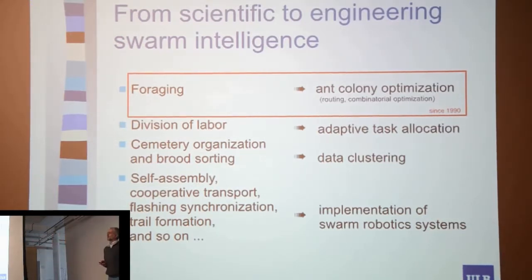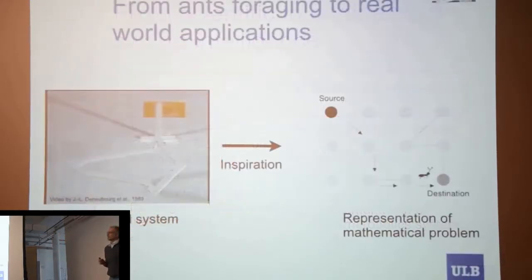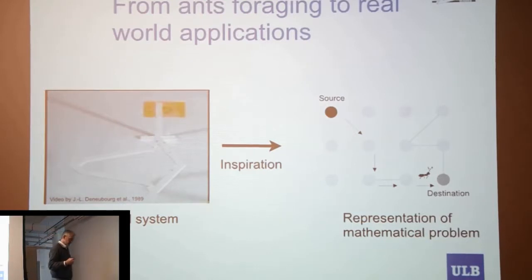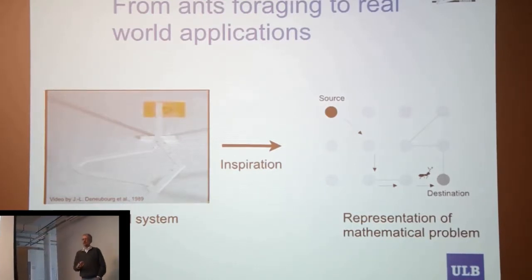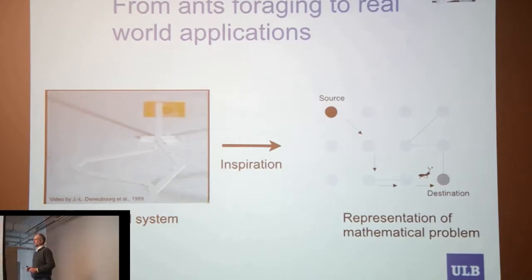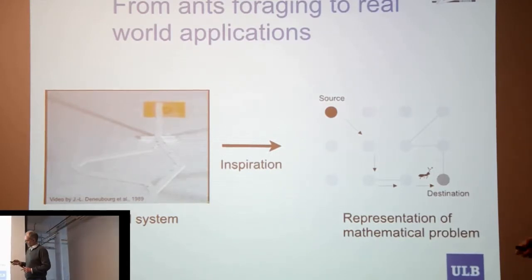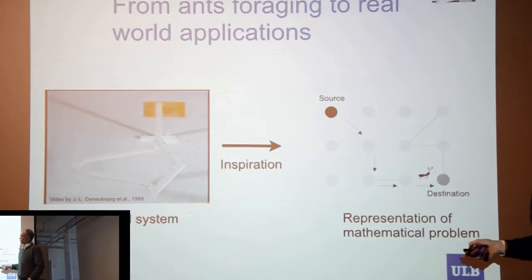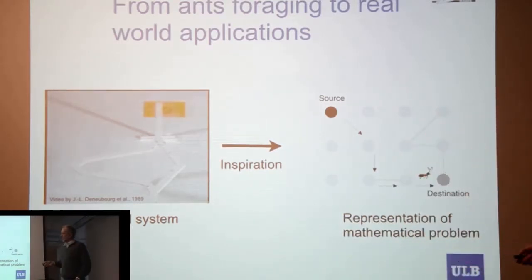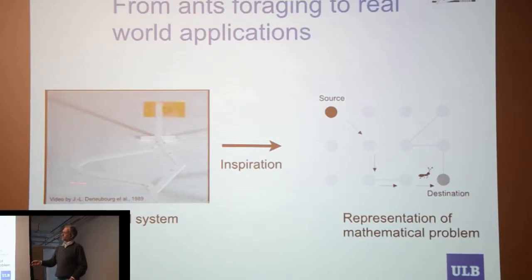So ant colony optimization was probably the first successful example of how you can translate some natural behavior from swarm intelligence to an application. The idea was given by the work of a biologist called Jean-Louis Deneubourg, who proposed this experiment.